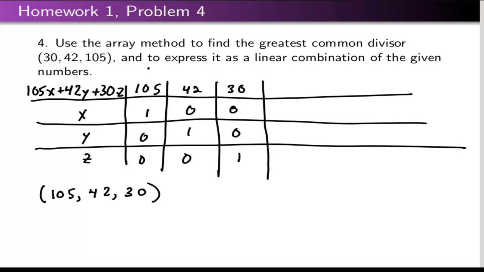So if we call this column 1, column 2, column 3, let's do 3 of these. So what we're doing in the GCD is subtracting 90 from 105 to get 15, and then I could subtract 30 from 42 to get 12.